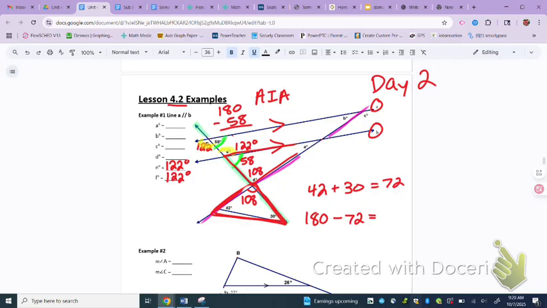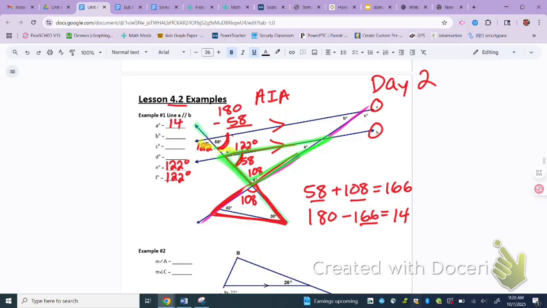Now that I use corresponding angles to jump from 58 to 58, now I'm on another triangle, and I can find angle A. So I added the two angles together. I subtracted that sum from 180 because we're in a triangle, and I got A is 14 degrees.